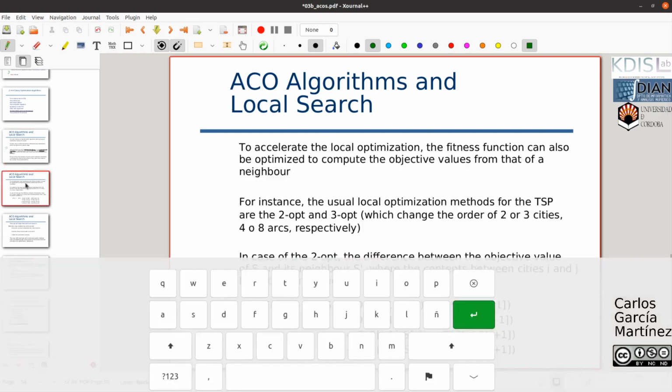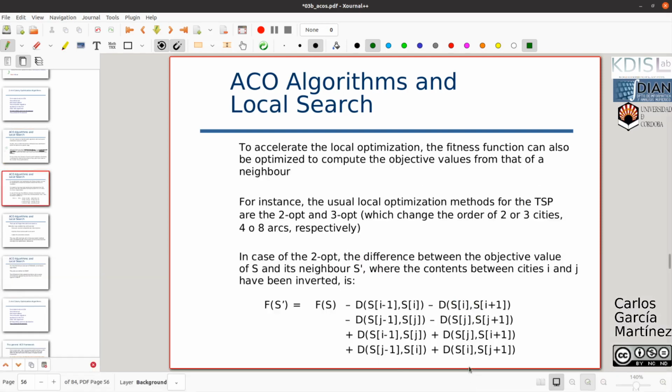Well, if you apply this combination of ant colony optimization and local search, you can also optimize the fitness function when you evaluate the neighbors. I have also told you about this optimization.